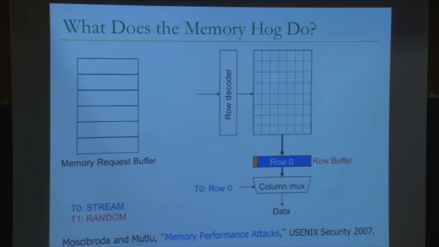But what the memory controller does is prioritize these row hitting requests. The streaming application's requests keep on hitting in the row buffer. The random application generates requests, but its requests don't get serviced because the streaming application keeps generating requests to the same row buffer, and they get prioritized over and over and over. So that's why this random application starves.